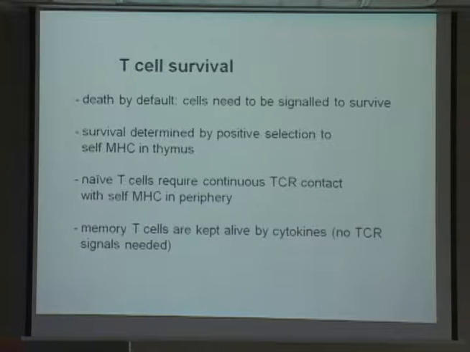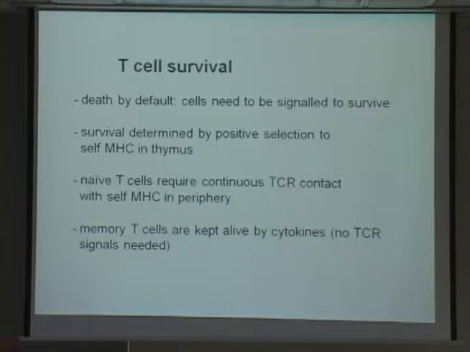And in that respect, we know that when naive T cells leave the thymus, to keep them alive, they have to have continuous contact with self-MHC ligands in the spleen and the lymph nodes. And this so-called TCR tickling gives them a low-level signal which says don't die, and it leads to the upregulation of molecules which normally keep the cells alive, like BCL2 and so on. Okay?